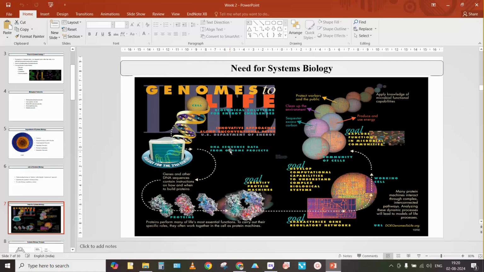Okay, one more thing, the systems biology approach. It involves, first of all, the collection of large experimental data sets and then mathematical models to provide insights into some significant aspects of the data sets.